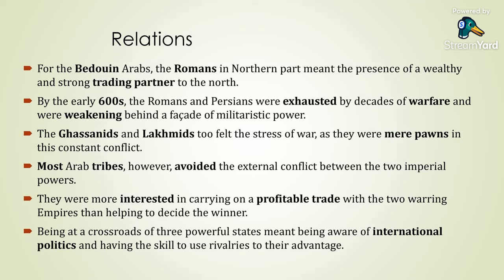By the early 600s, the Romans and Persians were exhausted by decades of warfare and were weakening. The Ghassanids and Lakhmids also felt the stress of war as they were mere pawns in this constant conflict. Most of the Arab tribes, however, avoided this external conflict and were more interested in trade with the two warring empires than in helping to decide who would win.